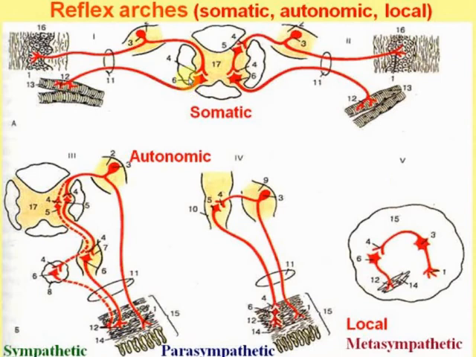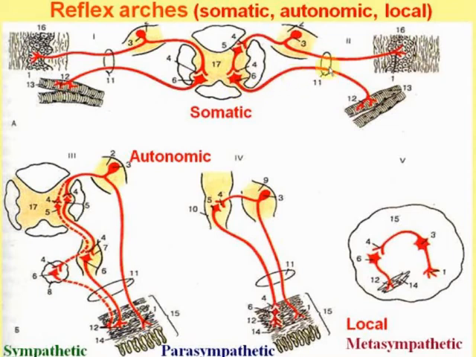Reflexes are somatic, autonomic, and local. In the somatic reflex, the afferent part includes sensory neurons of the spinal ganglia, and the efferent part includes the effector motor neurons of the anterior horns.